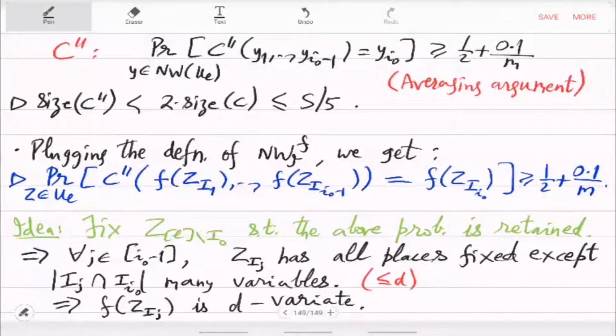Now that will happen because f on this Zij after the fixing has become only D variate.